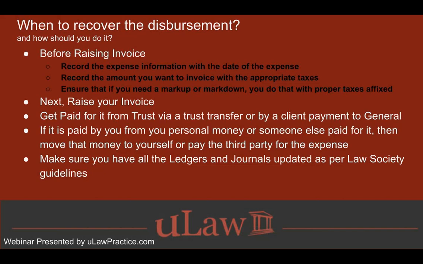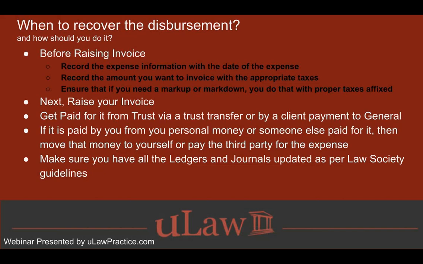Besides that, one step ahead, if this money or disbursement was neither paid from your trust nor from your general, but is paid from your owner's pocket, which means your personal money was involved here, then you move the money from trust to general, and then one step ahead, go ahead and pay yourself, which is drawings.